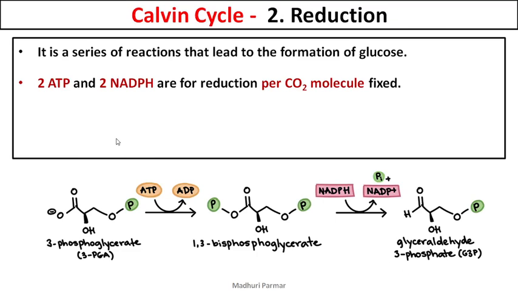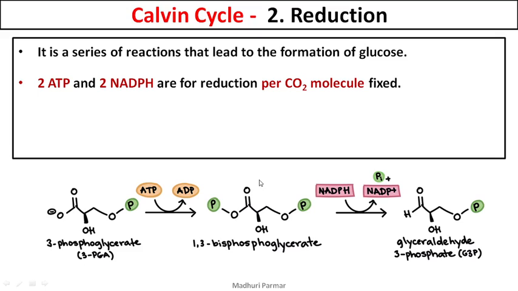For 1 phosphoglyceric acid molecule, you require 1 ATP. But because 1 molecule of carbon dioxide gives you 2 phosphoglycerate molecules, you require 2 ATP and 2 NADPH per molecule of carbon dioxide fixed.